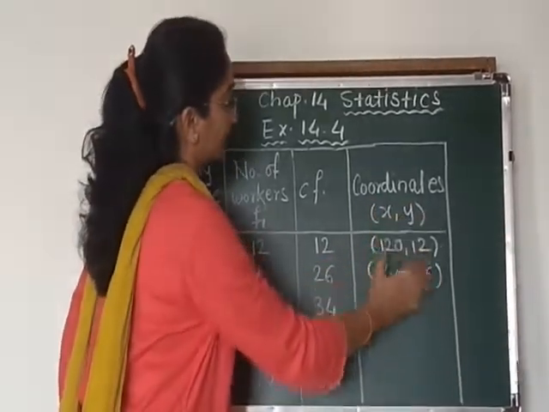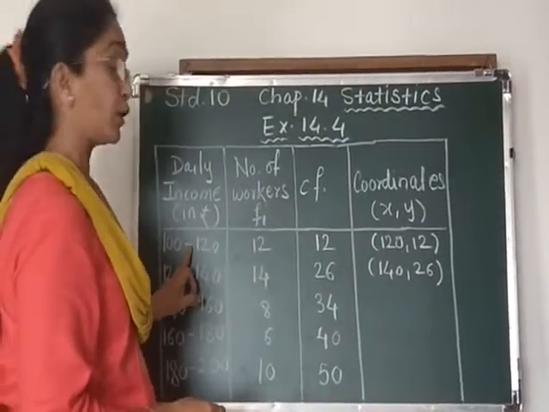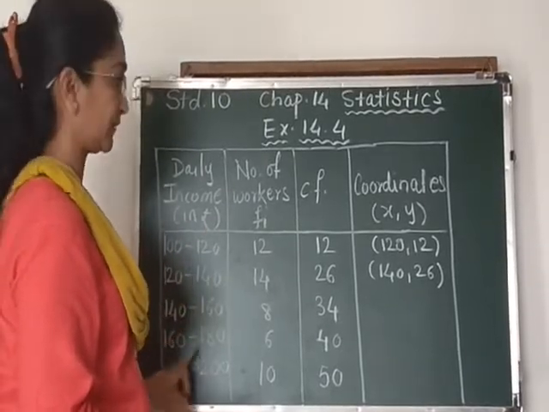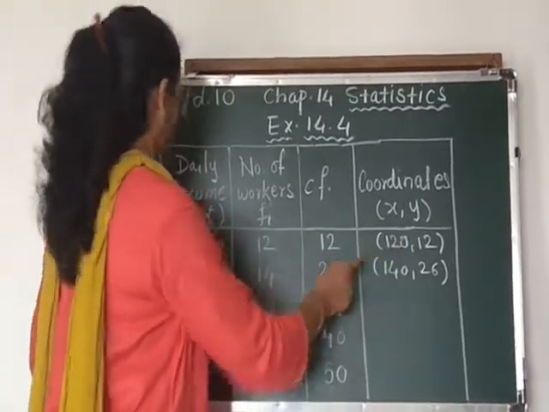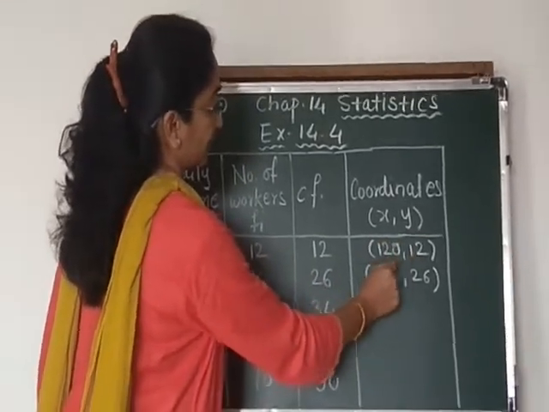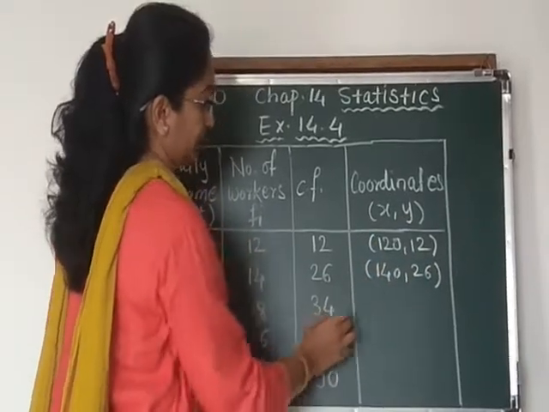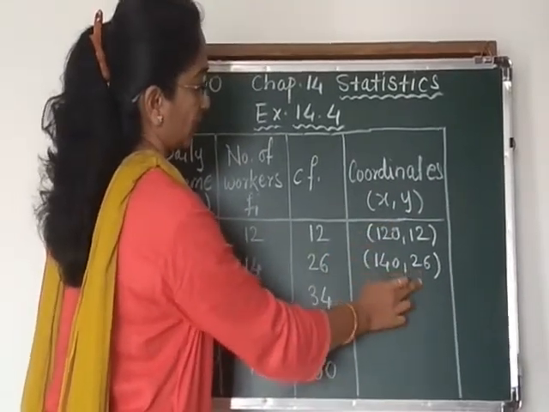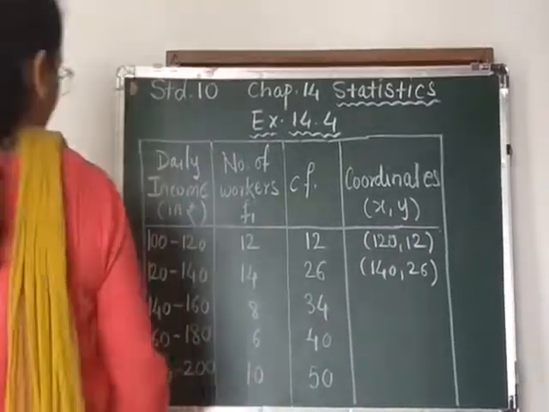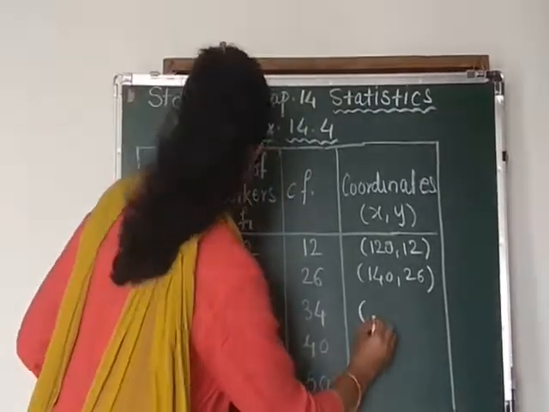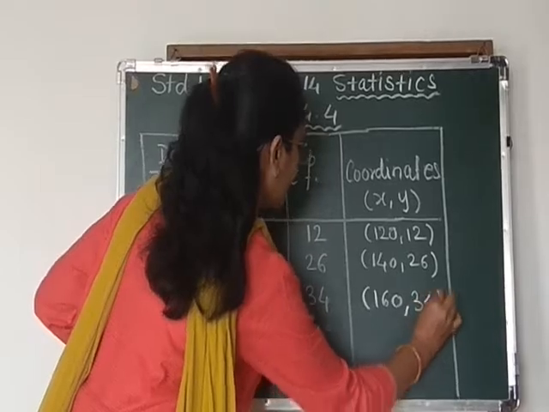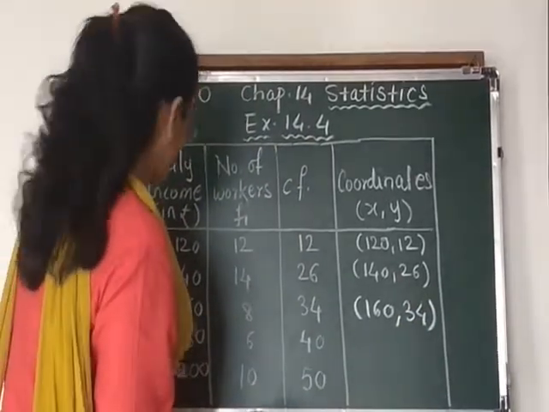Now we have to write the coordinates. For the less than type cumulative frequency distribution we are considering the upper limits of the class interval. So upper limit 120 as the x-coordinate and 12 as the y-coordinate. 140 upper limit as the x-coordinate and 26 as the y-coordinate for the second class interval. Now 160, 34 are the coordinates for the third class interval.